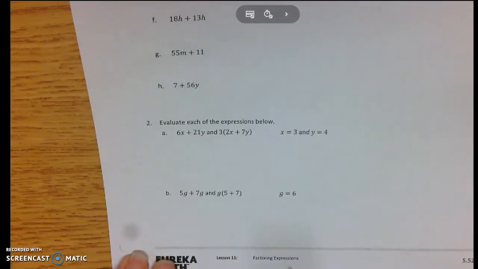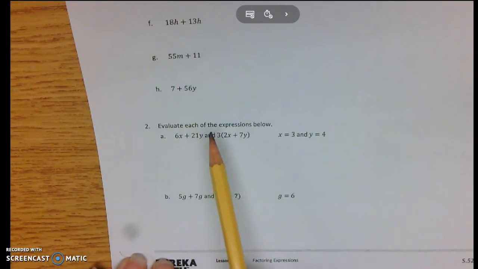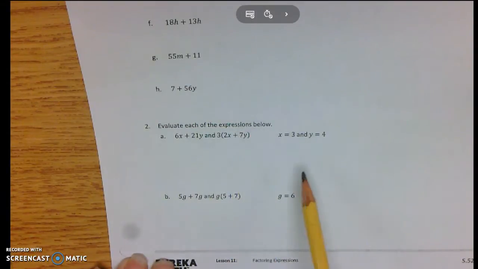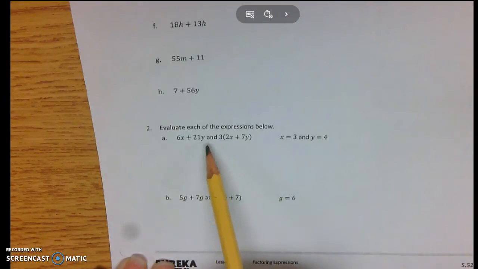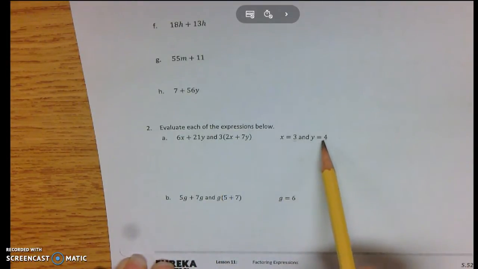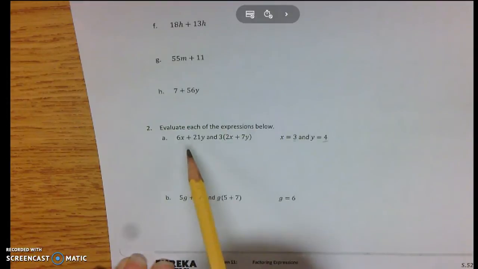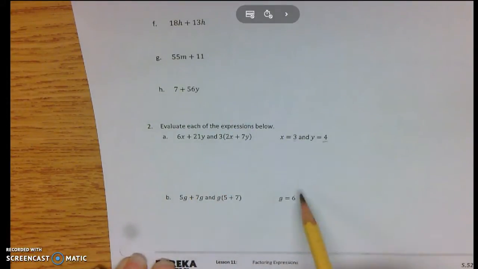Okay, if you are back with me now, it means you have done exercises A through H and you have come up and checked those answers at the front. And now we are going to move on to the next set, which is evaluate each of the expressions below. So now we're combining what we've learned the last 4 days with the order of operations and substitution method to find out, are these really the same process?